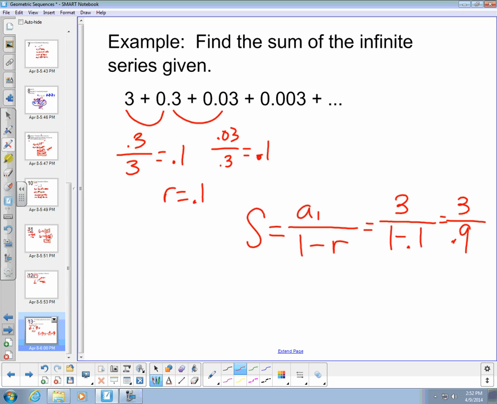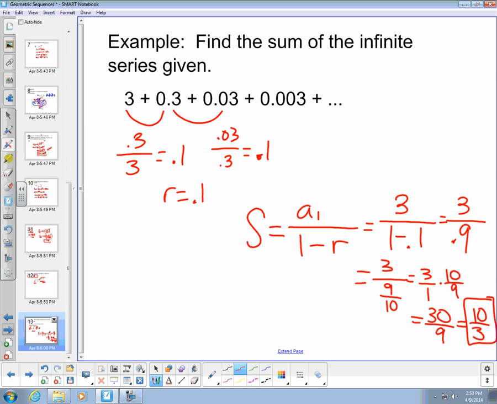Okay, and I don't like that fraction and decimal, so let's fix that. And we're not going to get a decimal this time. Let's actually get a fraction answer. Okay, so this is really 3 divided by 9/10. So we're going to take the bottom and do the reciprocal and multiply. So 3 over 1 times 10 over 9 is 30 over 9, or 10 over 3.